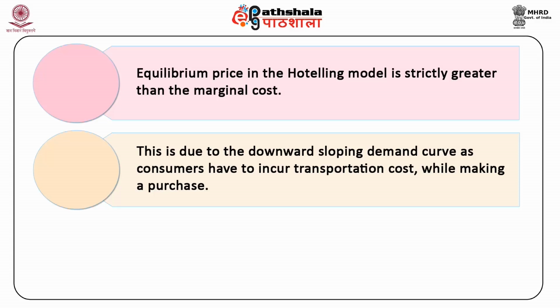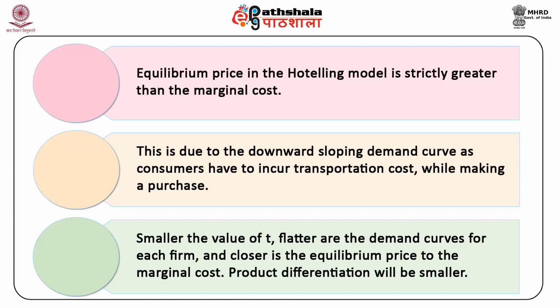If the consumers incur a smaller cost towards transportation, or if the value of T is small, the demand curve of each firm will be flatter and the equilibrium price will be closer to the marginal cost. Thus, the greater the value of T, the greater will be the product differentiation.